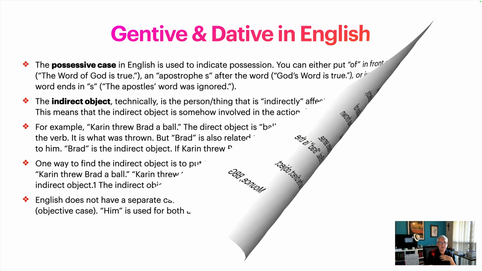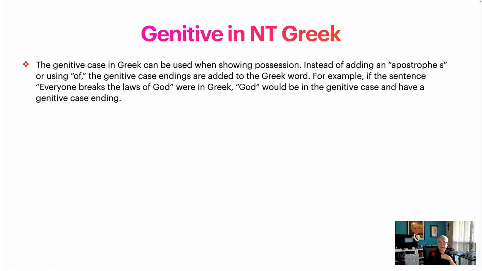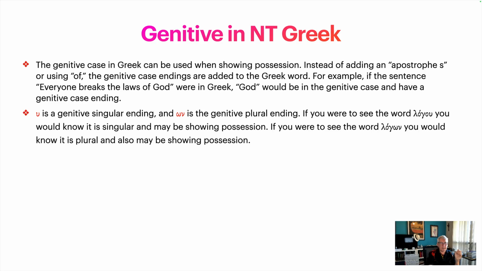Okay. So what that looks like in Greek is that you can't add an apostrophe s in Greek. So we do it using the genitive, and so if our sample sentence was "everyone breaks the laws of God," then God would be genitive. It would be "of God," tou theou, with the genitive case ending.